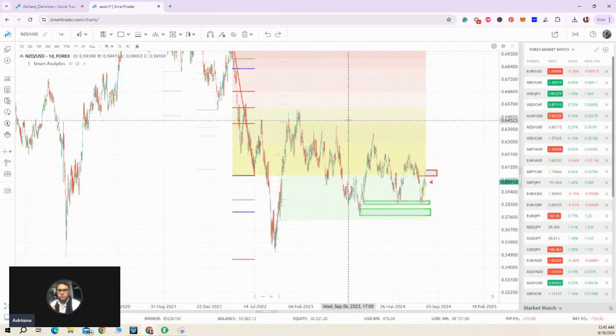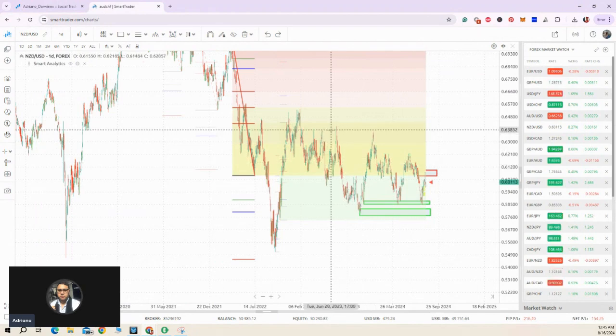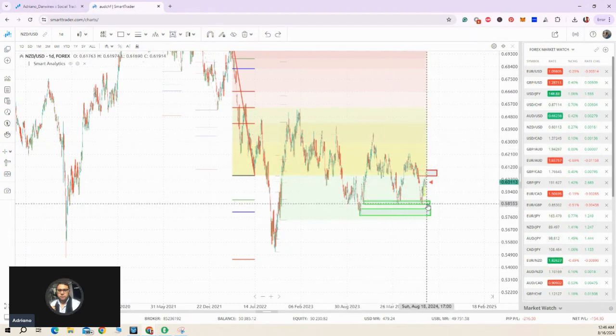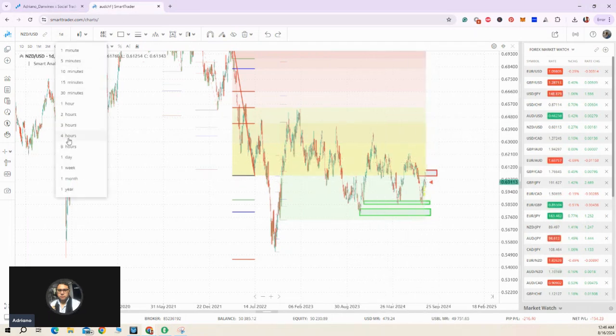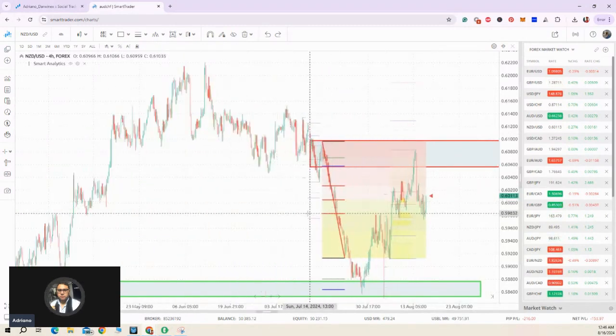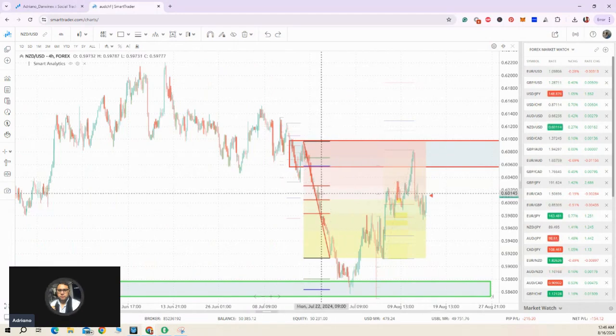The market moves sideways, goes to resistance, comes to support, resistance, support, and then on the daily it's sideways movement, and here on the H4 it's in a downtrend.